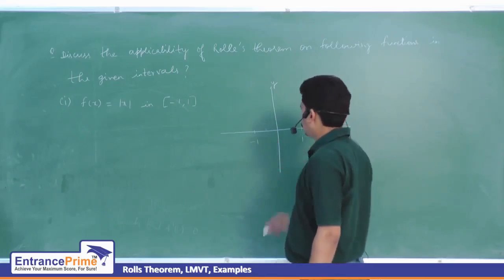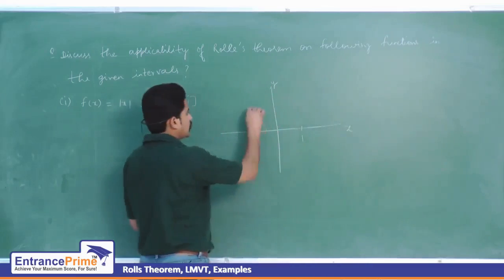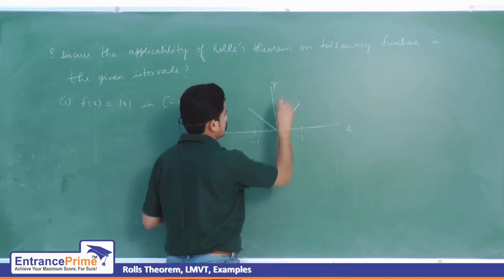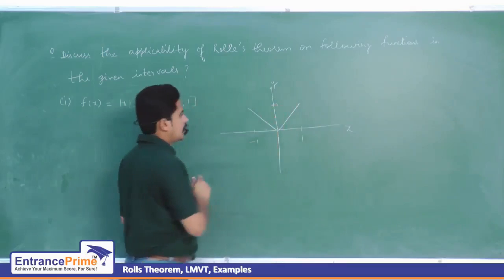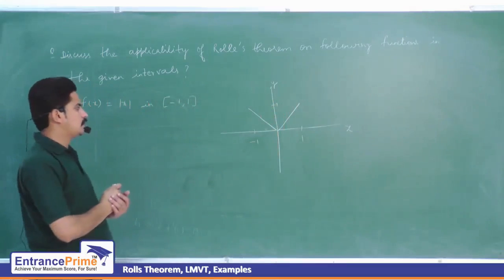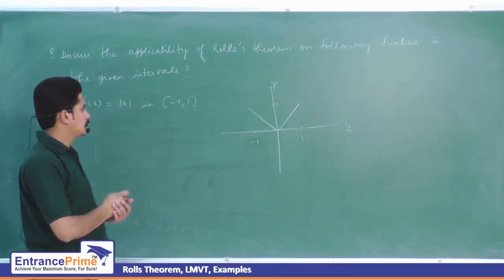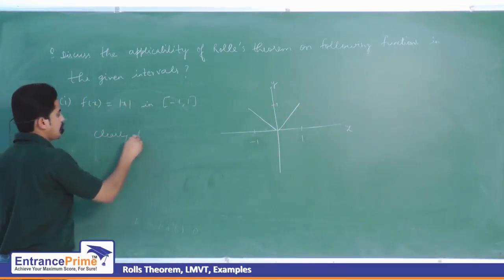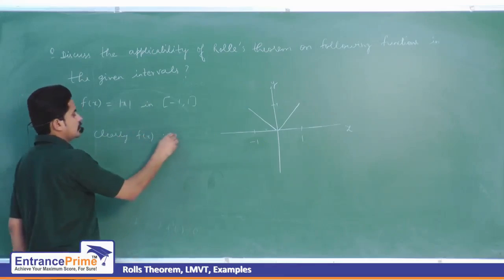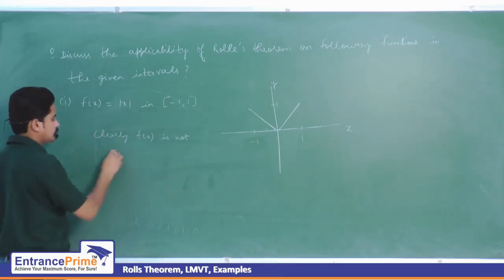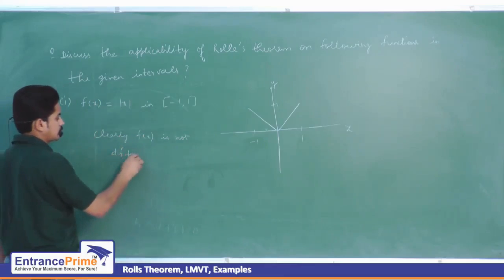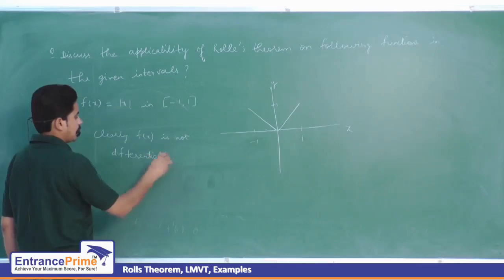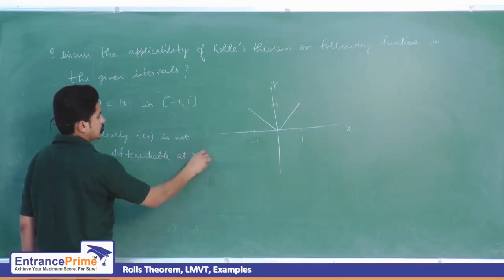So if you want to draw the graph, then the graph of mod x in the interval minus 1 to 1 will be like this, and we can say that clearly f(x) is not differentiable at x equal to 0.